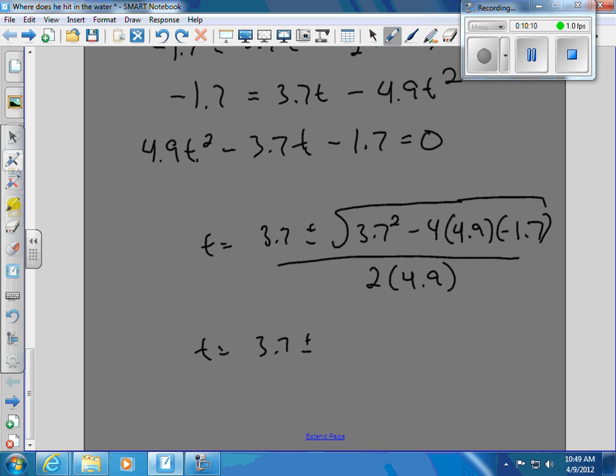So 3.7 plus or minus the square root of 3.7 squared, 13.69, minus 4 times 4.9 times negative 1.7, plus 33.32, all over 9.8.